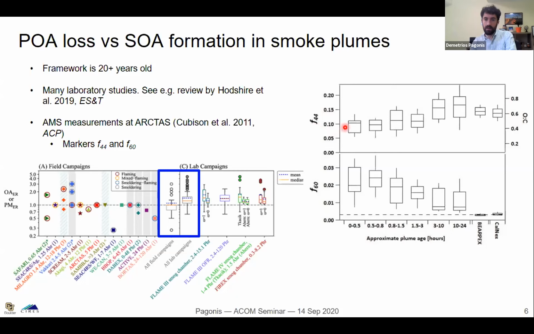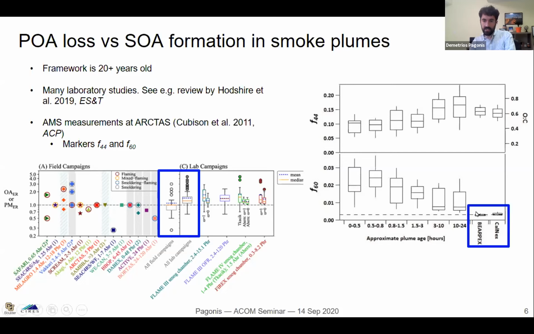And you can see that the marker representative of secondary chemistry is increasing here as plumes age. Well, this other marker here, F60, is representative of levoglucosan and also other compounds. And its fractional composition is highest close to the source and decreases over time.